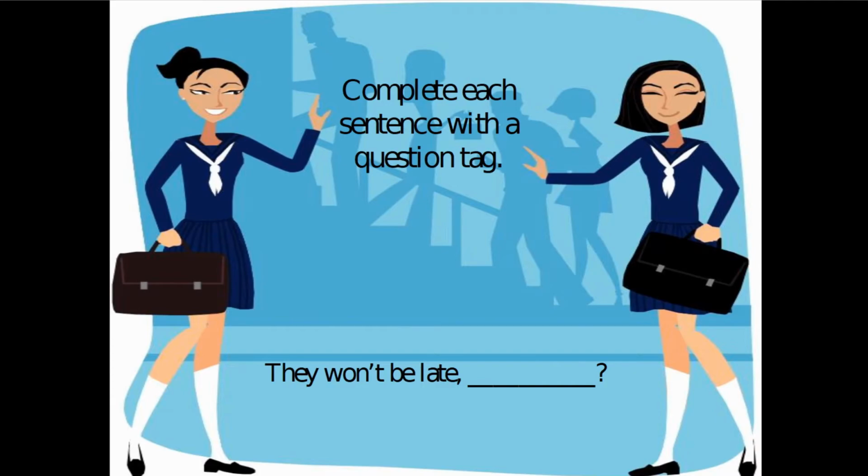They won't be late. They won't be late, will they? You will send me a postcard. You will send me a postcard, won't you? He won't be at home tomorrow.